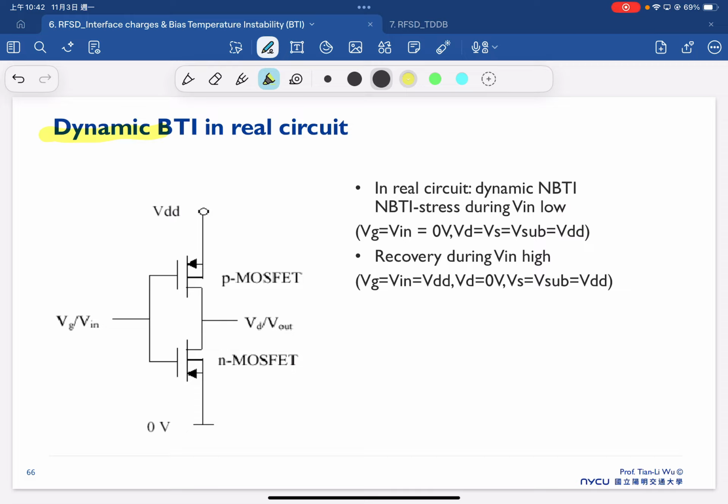So this will create these dynamic operations. Dynamic operation of the N and P modes will cause, in the end, the dynamic BTI.